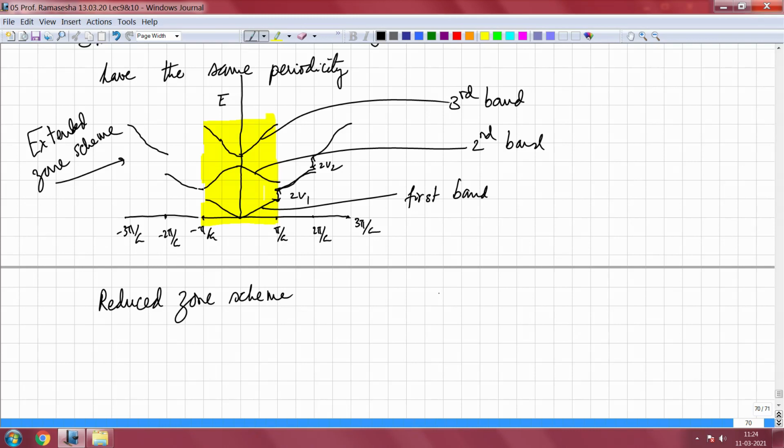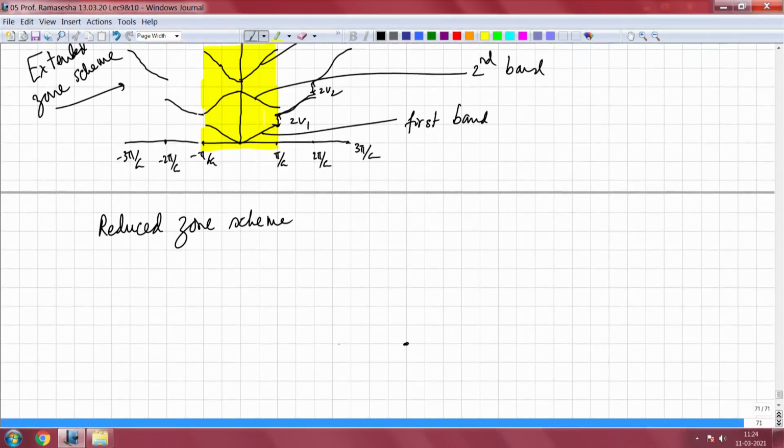In the reduced zone scheme, between minus pi by a and pi by a, I will have one band which goes like that, a second band which goes like that, and a third band, and so on.